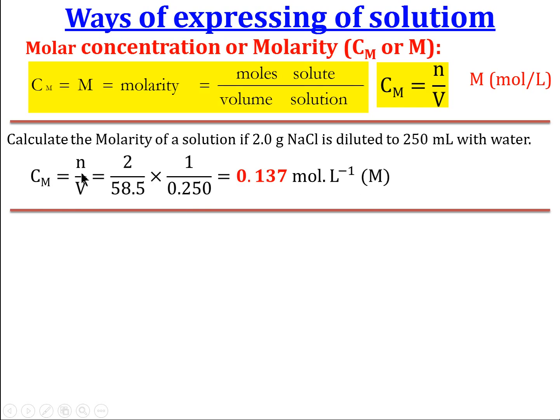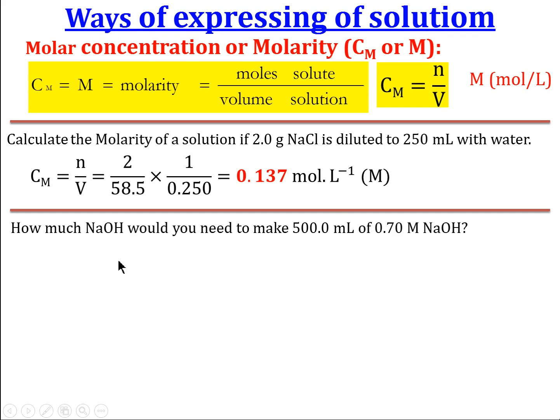To note that the volume of the solution is equal to the volume of the water plus the volume due to the addition of 2 grams of NaCl. But we suppose that the addition of 2 grams of NaCl did not change the total volume, so in this case the total volume is equal to 250 mL.